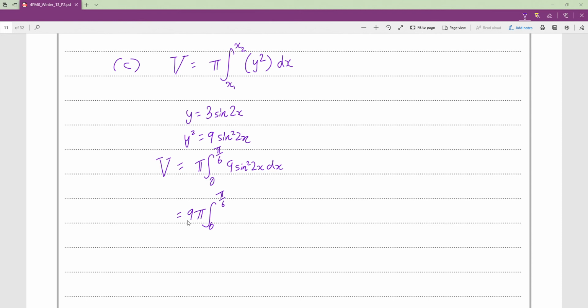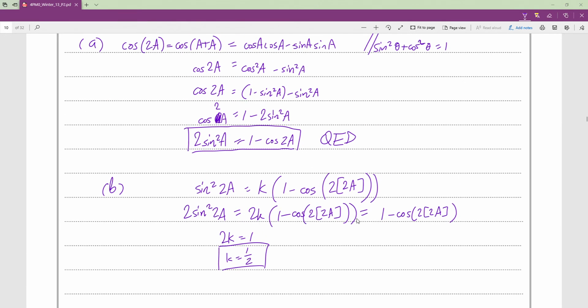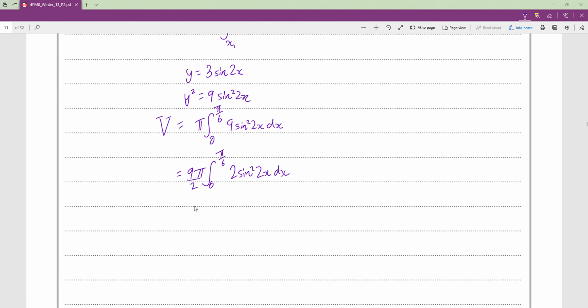Or in fact, let's make this 9 pi over 2, 0 to pi over 6 of 2 sin squared 2x dx. The reason why I am moving 9 over 2 out is so if we leave the 2 in here, we can get this much neater form of 1 minus cos 4x instead of 1 over 2 minus 1 over 2 cos 4x. It's just a personal preference. It looks nicer when you are evaluating it.